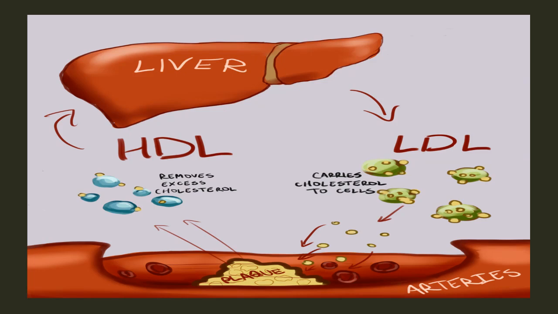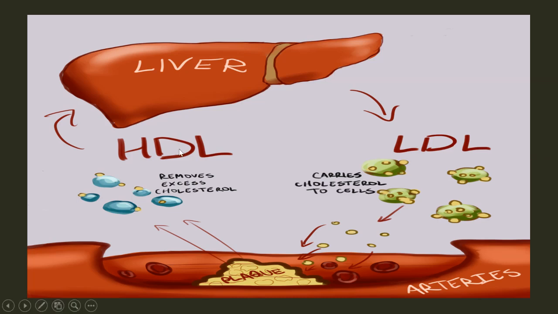This slide is just another illustration of the same thing. You see over here, the LDLs are the green little particles here as they travel through the bloodstream and through the arteries. They're leaving behind plaque deposits on your artery walls, which could clog up the arteries.